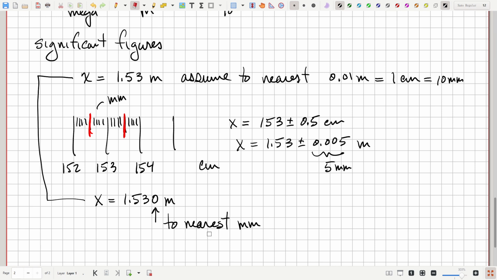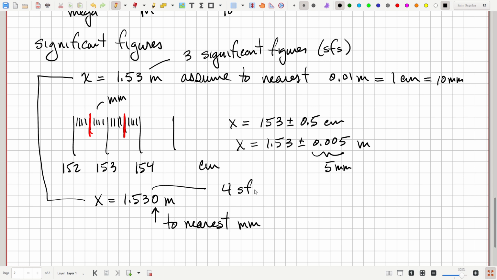So this has 1/10 of the uncertainty in the measurement as the previous one. So we say this measurement had 3 significant figures, or SFs, whereas this measurement had 4 significant figures. So it's much more precise.